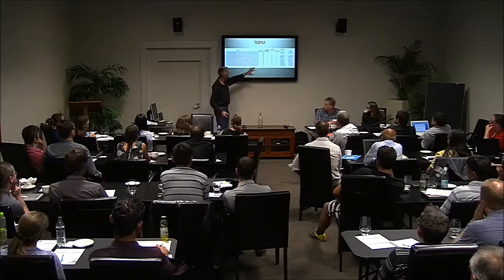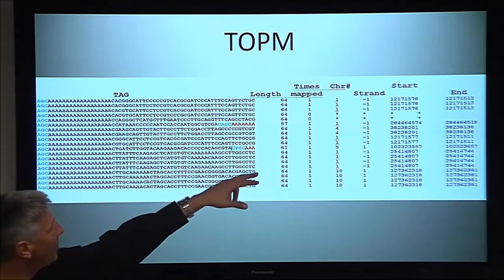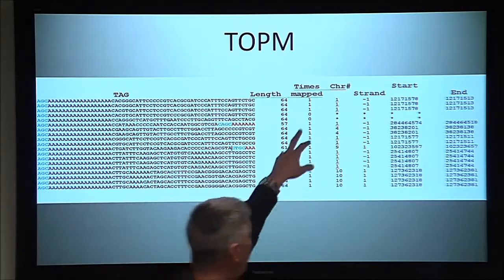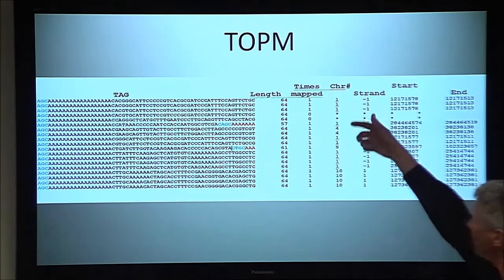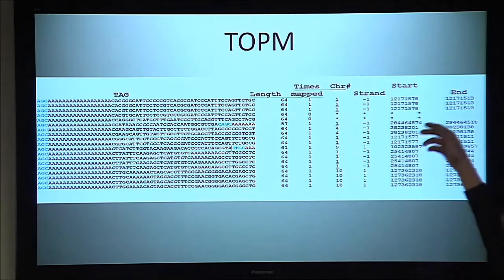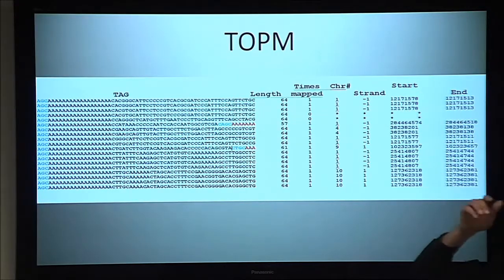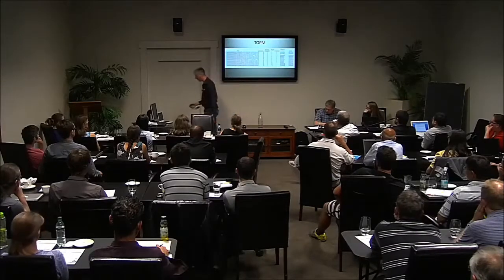That's how it's done, okay? And then it also tells you how many times it mapped, which is 0 or 1, which chromosome number it mapped to, which strand, the plus or the minus strand, and the start and end position. So that information is all captured in the tags on physical map file.